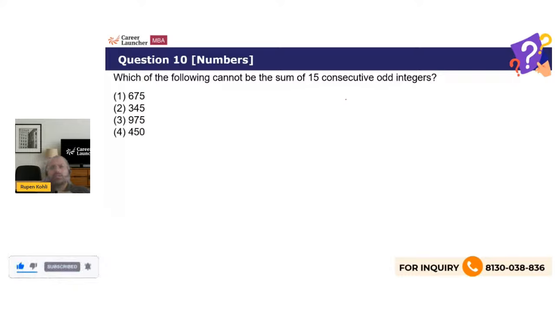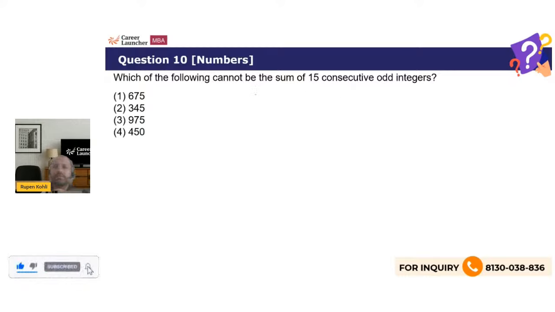So, odd integers, particularly when they're consecutive, they are nothing but an arithmetic progression. And you know that in an AP, the average of an AP is the middle term. So if these options are the sum of 15 consecutive integers, they are 15 times the average, and the average is the middle term, which itself needs to be an odd integer.